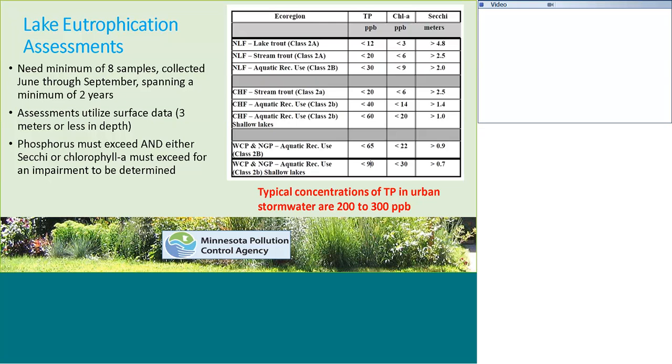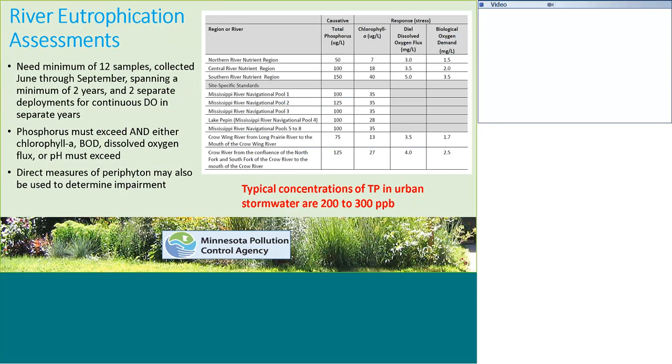We need a minimum of 8 samples collected over 2 years, and we're looking at near surface data here for this. And by the way, I need to thank our assessment folks here at the agency and Pam Anderson for providing this information. So to get on our impairment list, you need to exceed the phosphorus limit as well as either the Secchi disc or the chlorophyll A value.